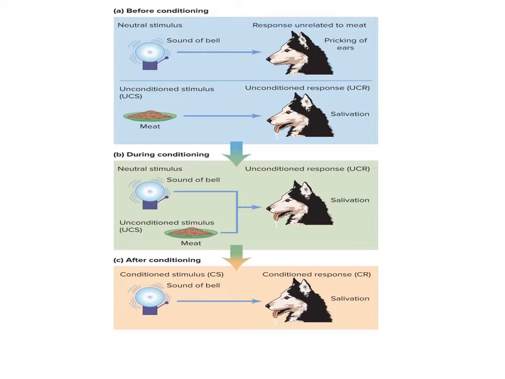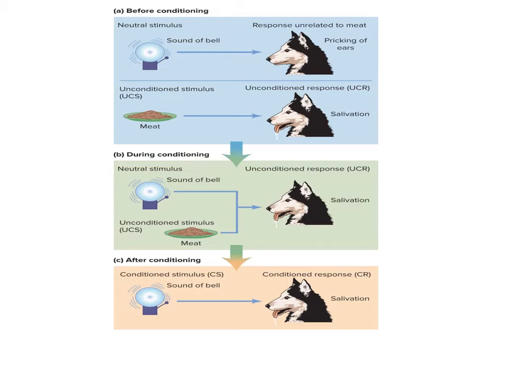So we have our neutral stimulus, sound of the bell, paired with the unconditioned stimulus, and our dog is salivating. After several pairings of ring the bell, give the food, dog salivates, pretty soon the dog makes an association. He associates the bell with receiving food.